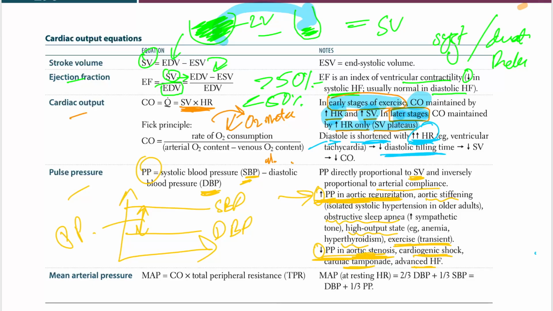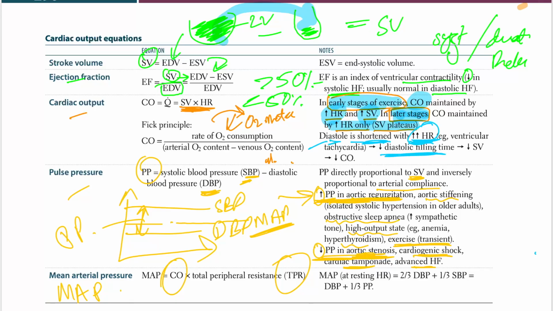And what is mean arterial pressure? Let's just draw it also here. Mean is just the mean of the arterial pressures. So MAP is there, which is again mentioned here. So let's talk about MAP. MAP equals cardiac output multiplied by TPR, which is total peripheral resistance, which again tells us about afterload.